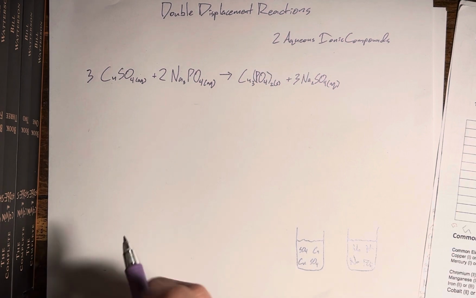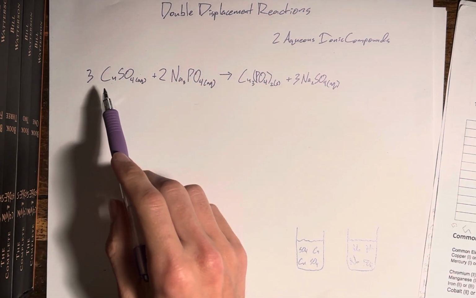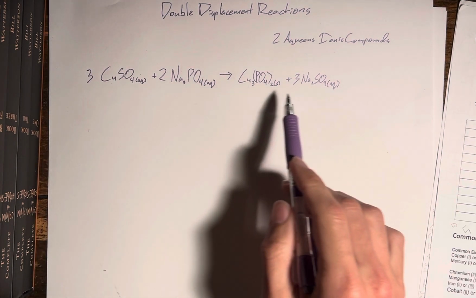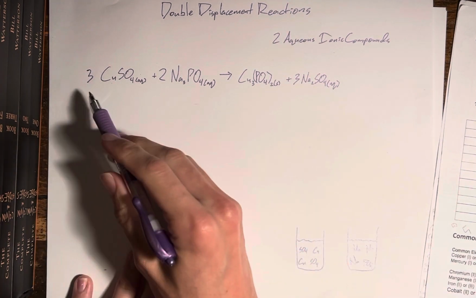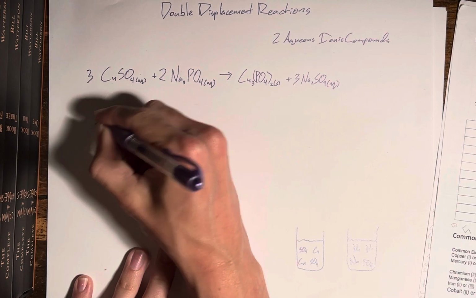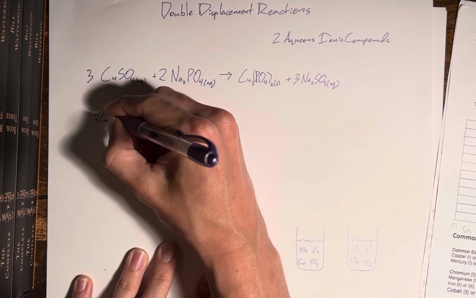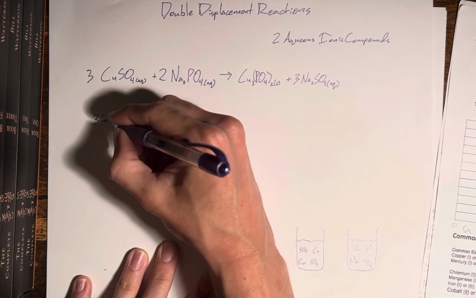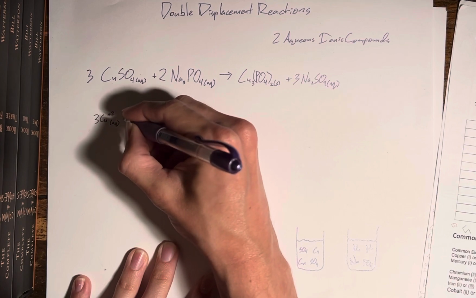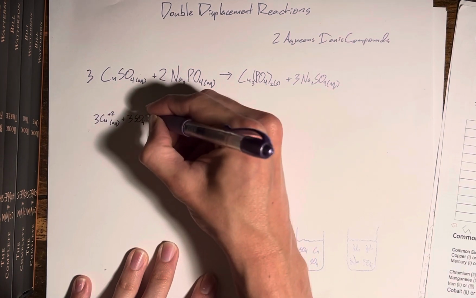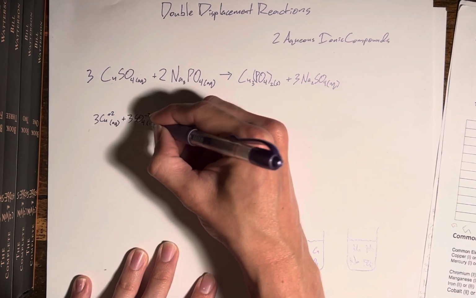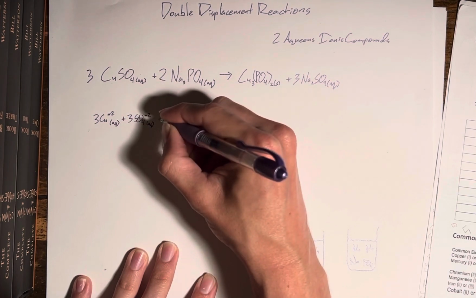Now we can go ahead and write our complete ionic and our net ionic equations. First, with our complete ionic, we're just going to split up all of our aqueous solutions into their individual ions and write their charges. So one at a time, we have 3 coppers, all with a +2 charge, and they are aqueous. Plus we have 3 sulfates, all with a -2 charge, aqueous.